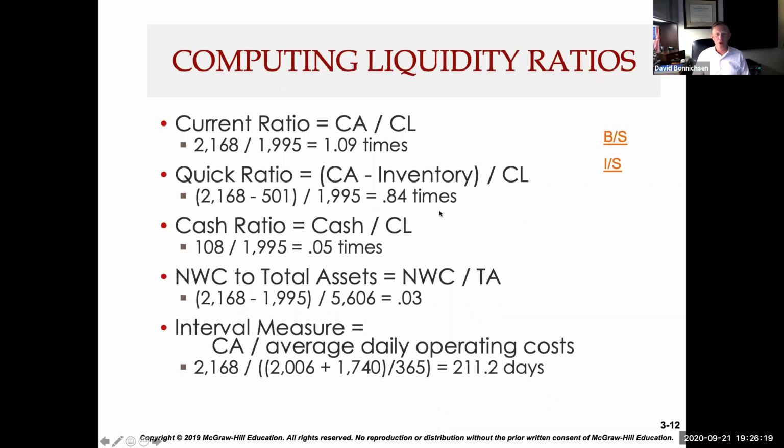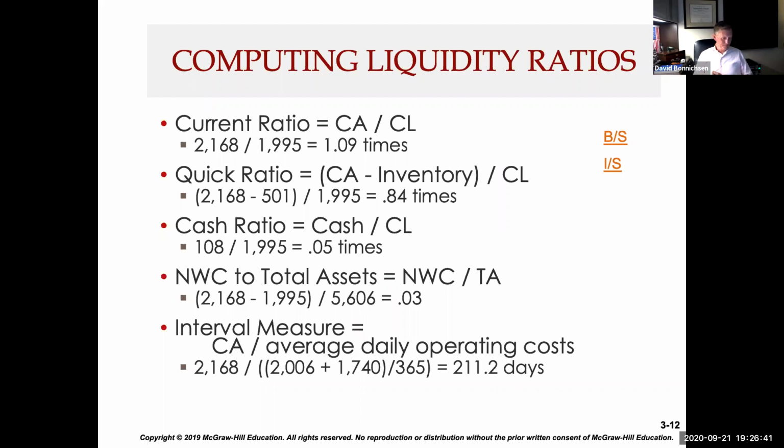So if we look at this company and we take the current ratio, so current assets of 2168 divided by our current liabilities of 1995, we get a current ratio of 1.09 times. So we've got 9% more current assets than we do current liabilities.